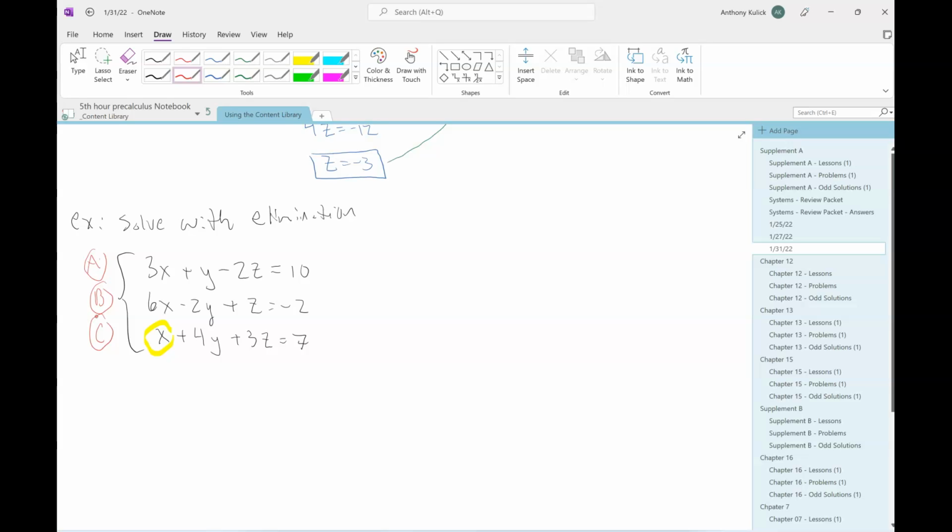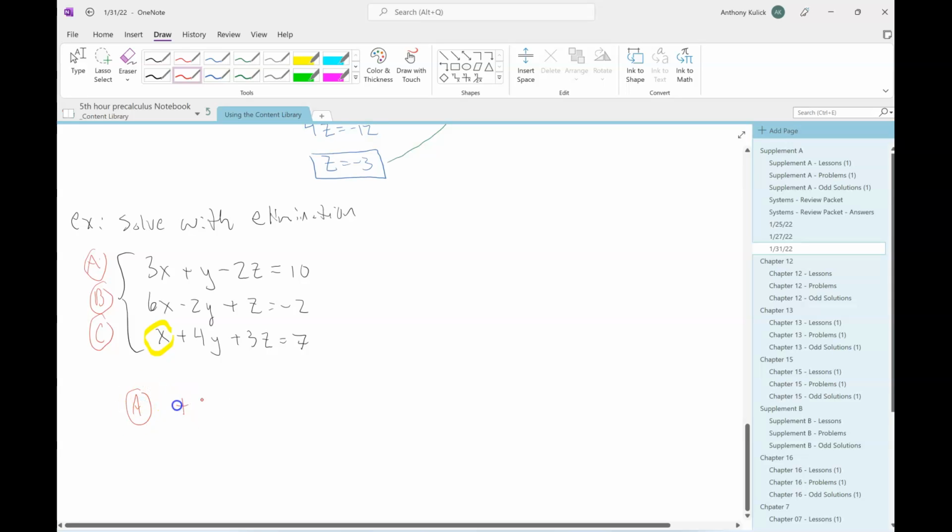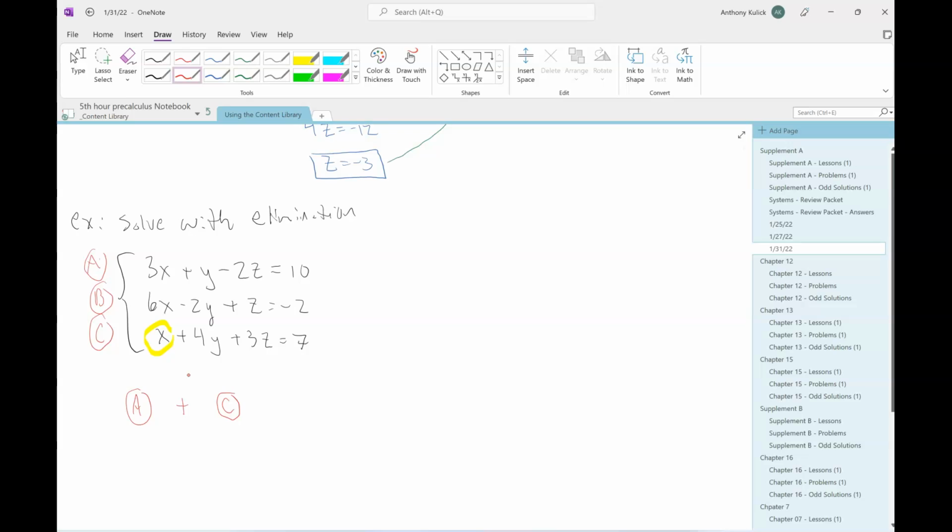So what if I want to eliminate the x's in equations A and C? What do I need to multiply equations A and C by? Close with 3. It's actually negative 3, right? The signs have to be opposite because when we add them together, they have to cancel out.